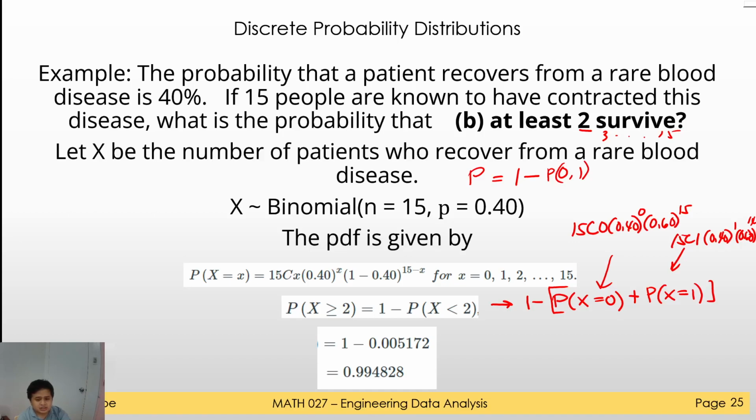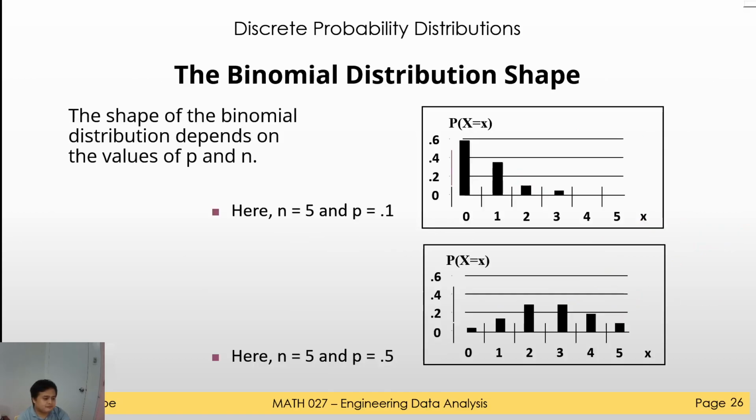Now let's discuss the binomial distribution shape. So we have two cases here that I want to discuss. The binomial distribution shape, or the probability distribution function. Basically, the shape of your probability distribution function, or PDF, is equal to this.